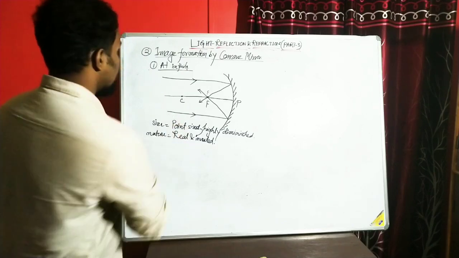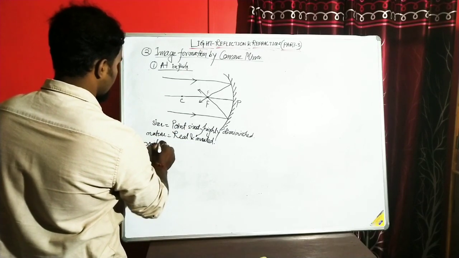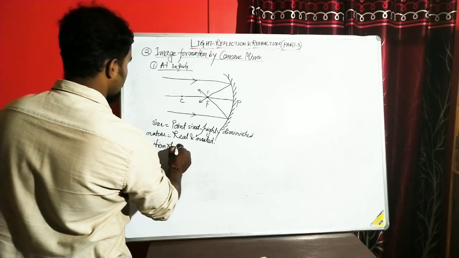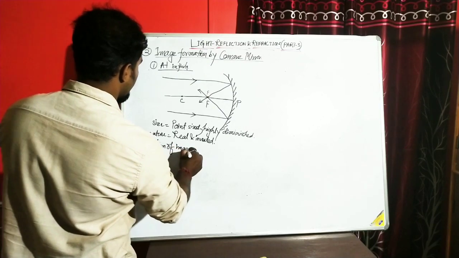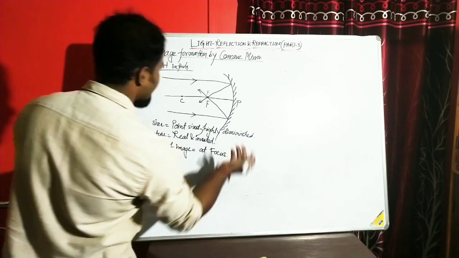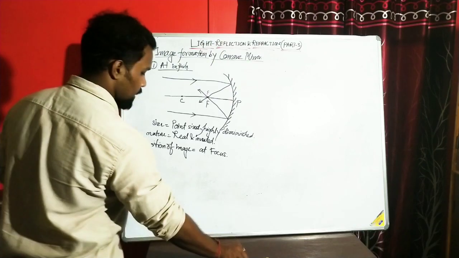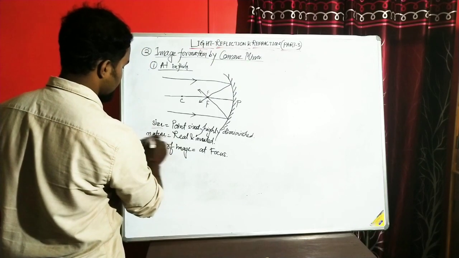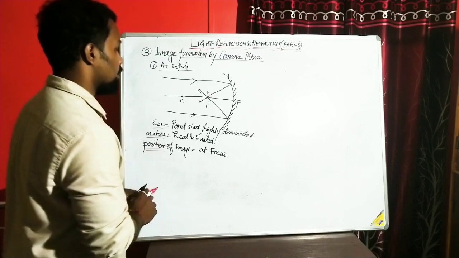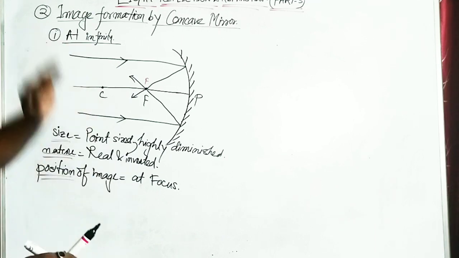Again, the position of the image will be at focus, or you can say at principal focus. These are the main three things that we have to mention when there is a question to draw the proper ray diagram when the object is at infinity.